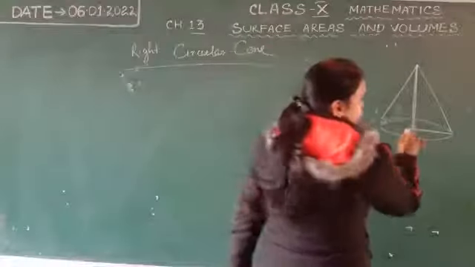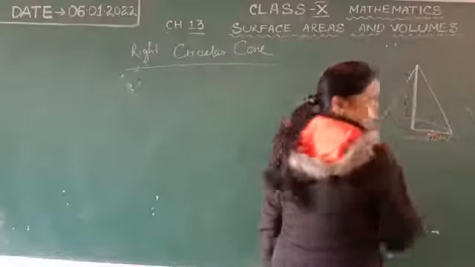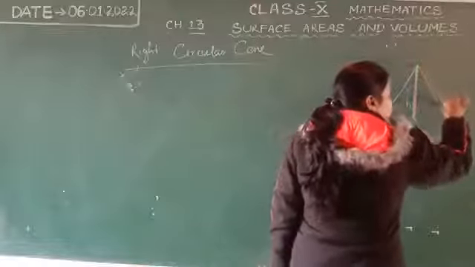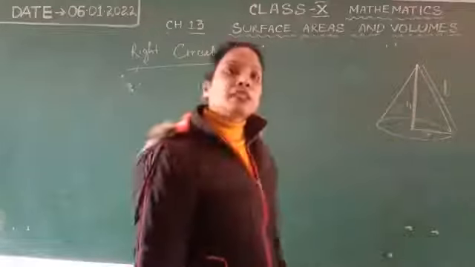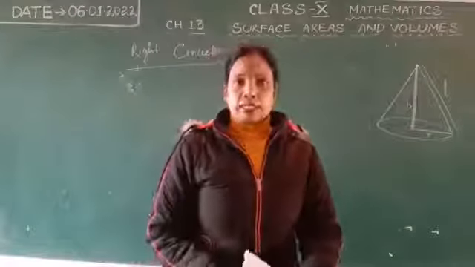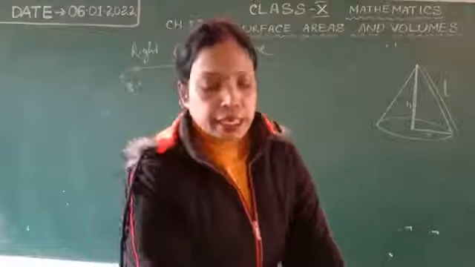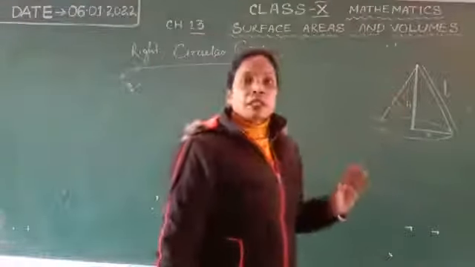Now here you see, this is the radius of this circular face, that is r, and this is called the height of the cone, and this is called L. L means this is called the slant height. So here you see, how many faces?